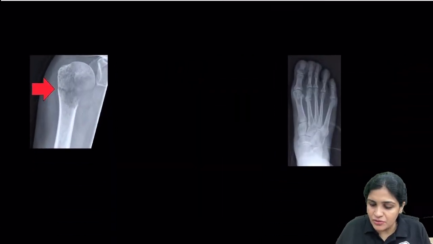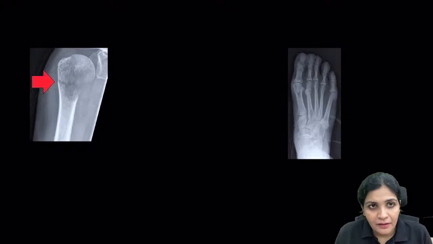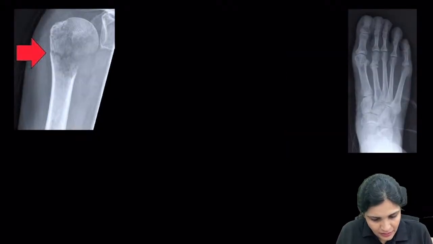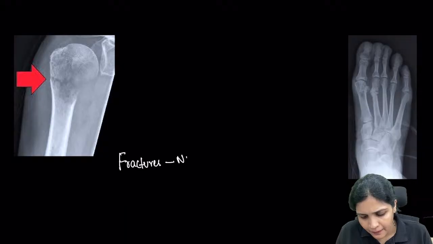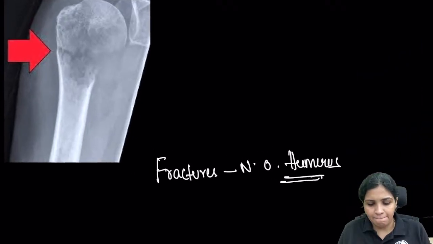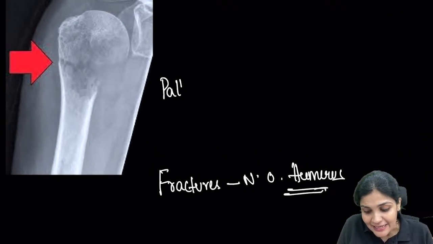Now coming to these two. What are these two? Fracture of the neck of the humerus, right? But is the bone normal? Is the bone appearing normal to you, or is there some abnormality? Yes, there is some lesion in the bone.